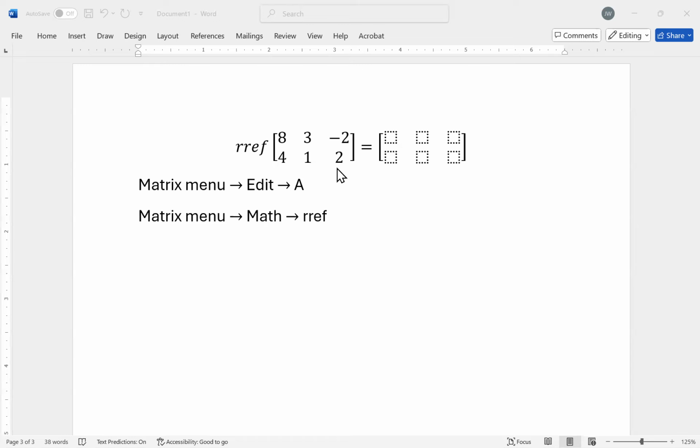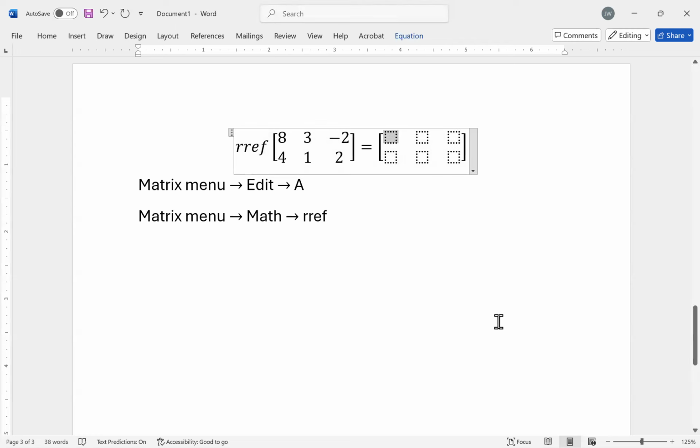Once you have this matrix input, then you go into the matrix menu, and in the math section of the matrix menu, as you scroll down, you'll find an RREF. And so I hit that, and then I go back to the matrix menu and I get A. So I do RREF of matrix A, and then I hit enter.